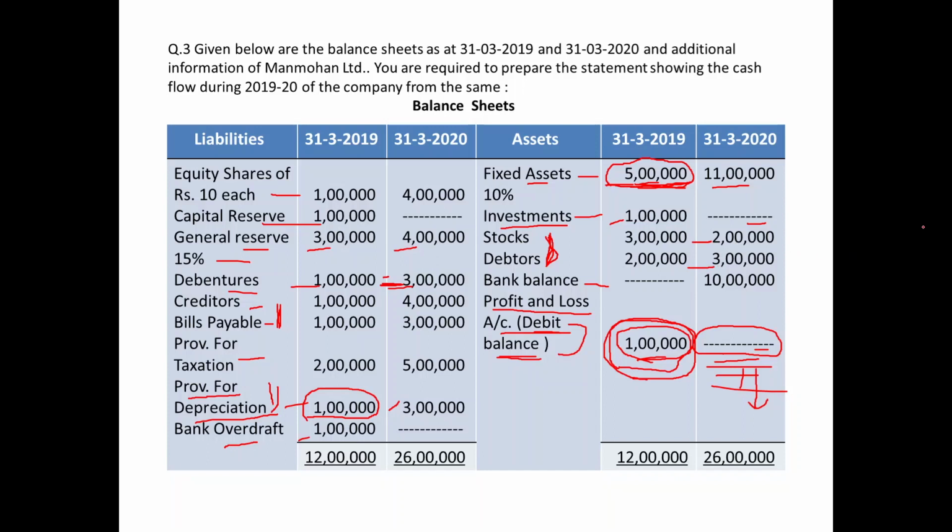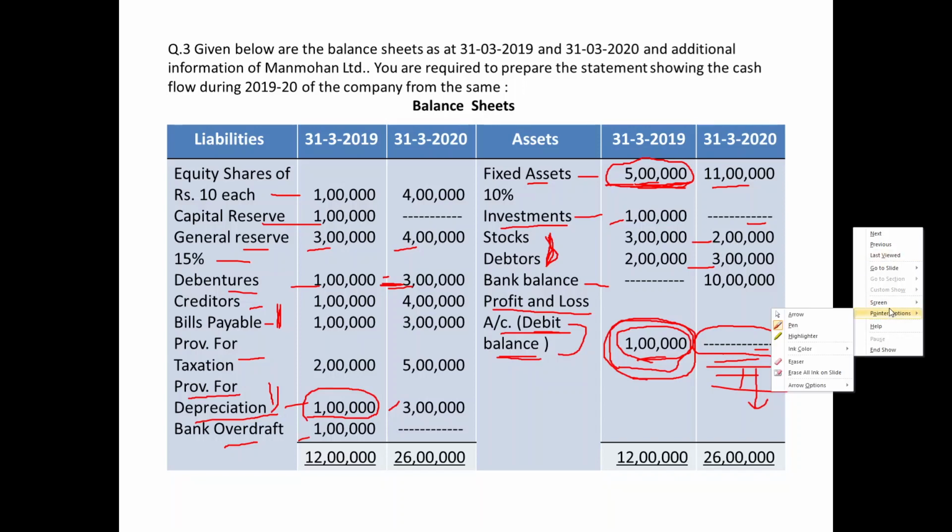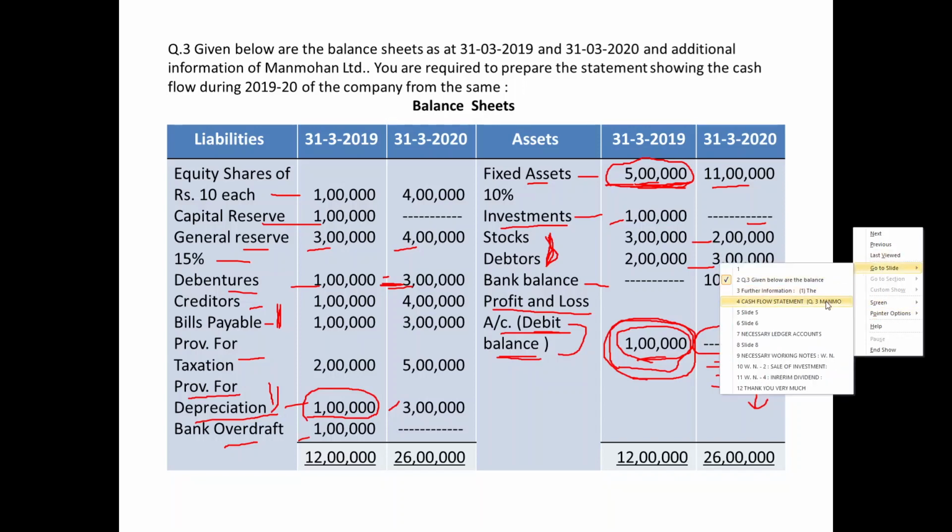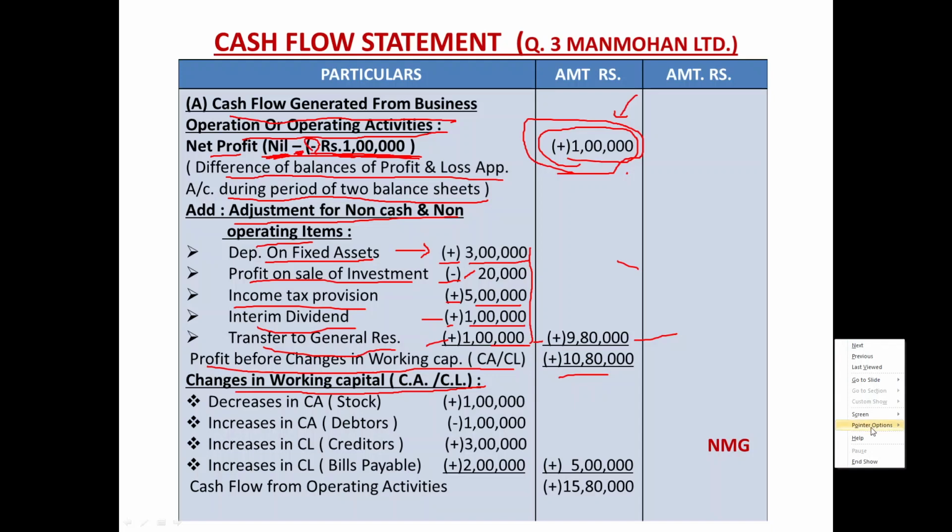Decrease in stock and increase in debtors. First item under the second sub reporting, decrease in CA, namely stock, negative relationship, increase in cash flow, 1 lakh. Then increase in CA, namely debtors, negative relationship, decrease in cash flow, minus 1 lakh. So two items of current assets.